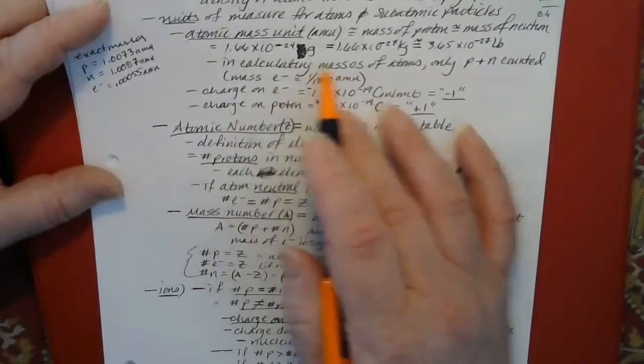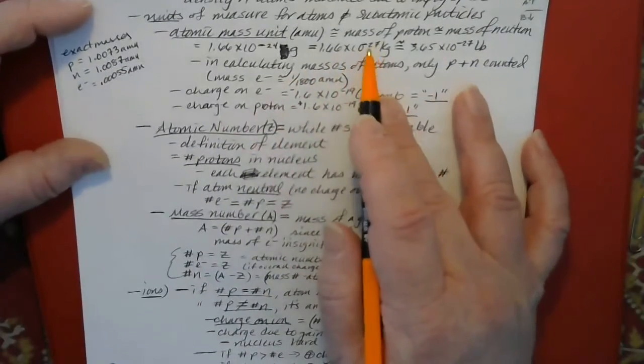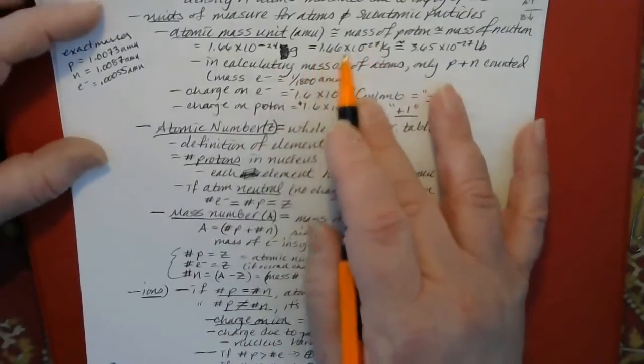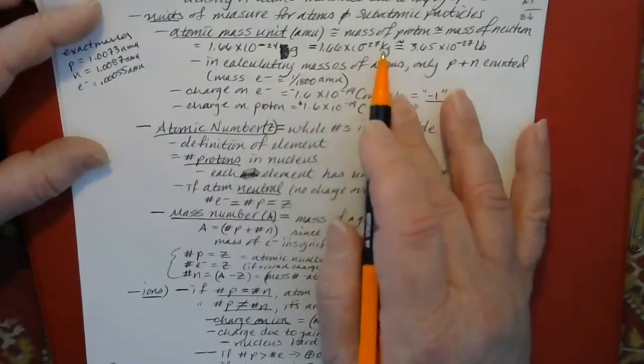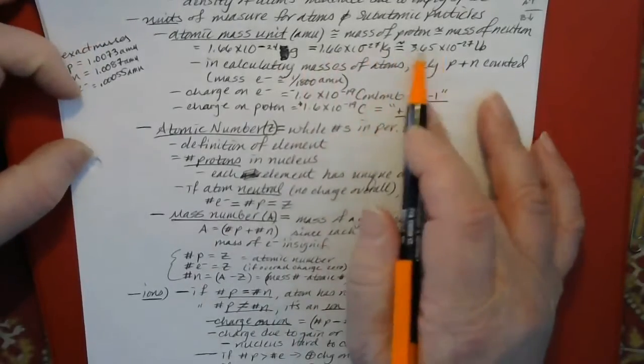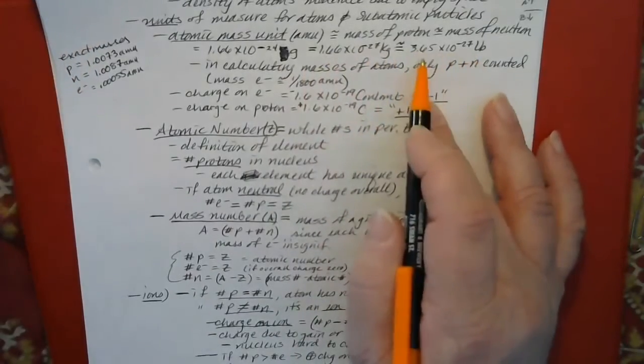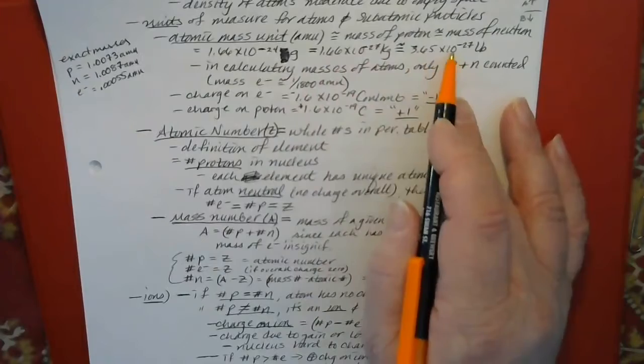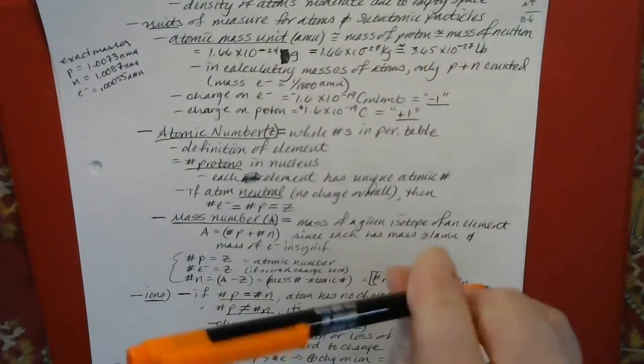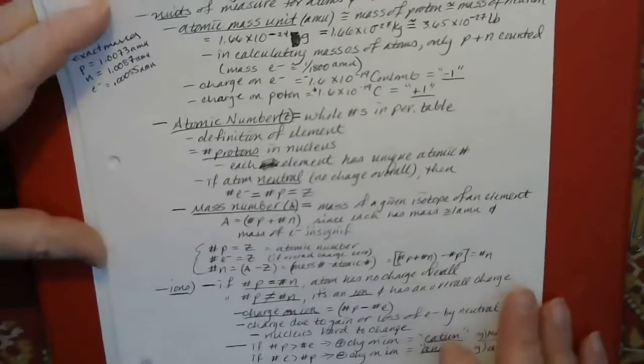That's an atomic mass unit. Or in terms of kilograms, because that's the official SI unit, that would be 1.66 times 10 to the minus 27 kilograms. Or in terms of pounds, a more familiar unit for most of us, 3.65 times 10 to the minus 27 pounds. So again, very, very small stuff we're dealing with here.